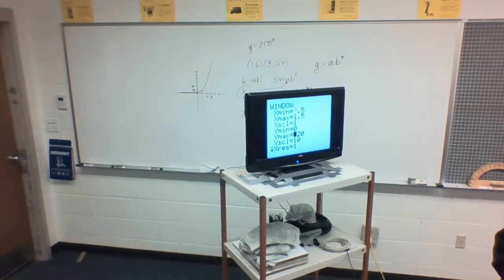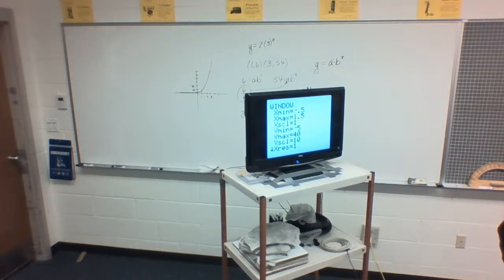The y's go from 0 to 25. So I'm going to go from negative 5 to, I don't know, 30, 40. I'm going to go to 40. Negative 5, 40 by 10s. Okay? Those are my decisions.